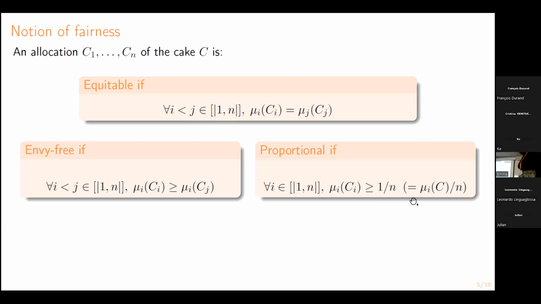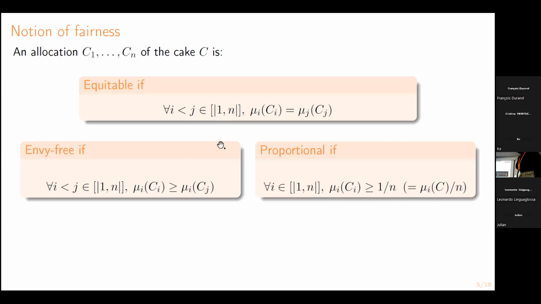Mu i of C is always one, it's the whole cake. So this is just to say my utility is better than the average utility.